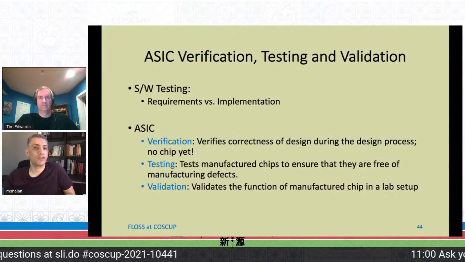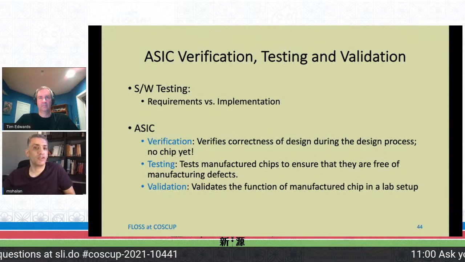So RTL to layout transformation involves lots of tools, actually too many tools. To do ASIC design, as a designer, you need to be aware of all of these tools and how they function.